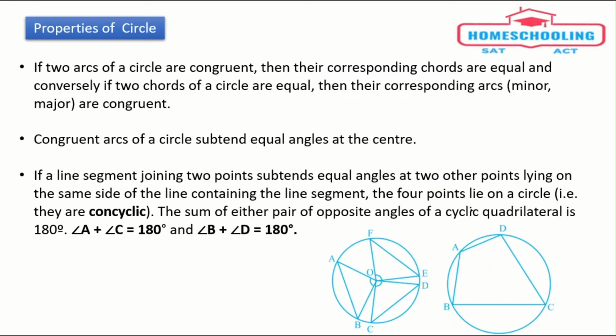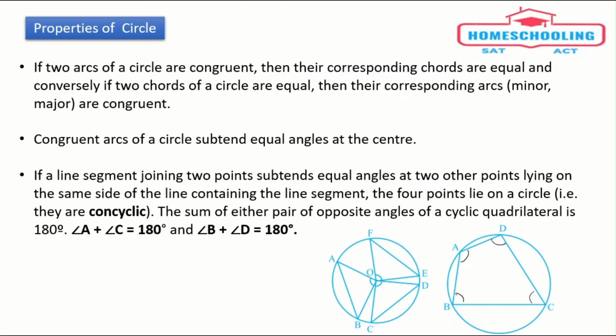The property of a cyclic quadrilateral is that the sum of their opposite angles, angle A and angle C, would be 180 degrees. Similarly, these two opposite angles, angle B and angle D, would sum to 180 degrees.